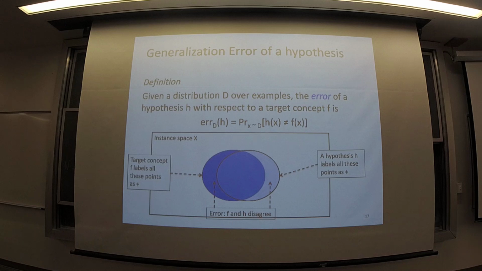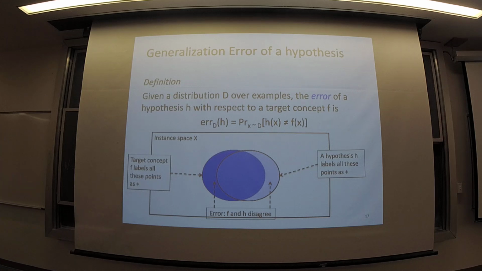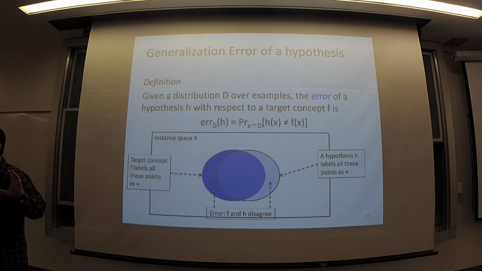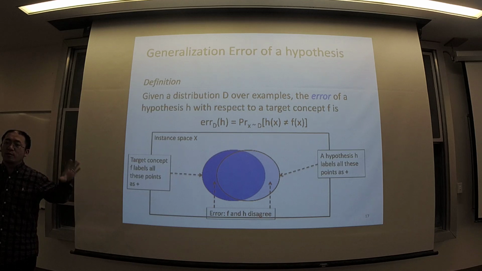In order to do that, we introduced the so-called generalization error. To define generalization error, we need to respect that our data are random. This is actually consistent with the real world, right? You cannot assume your real world is deterministic. On the contrary, the real world is filled with uncertainty, right?